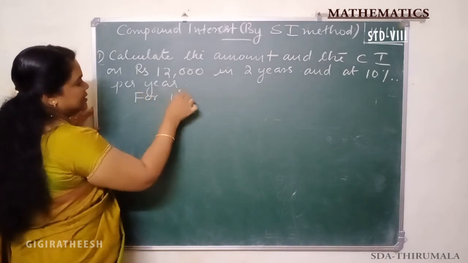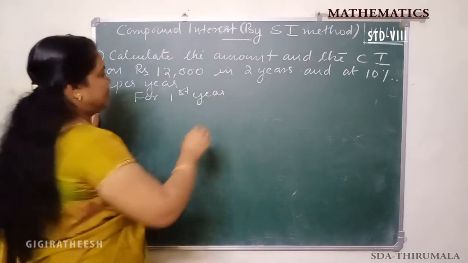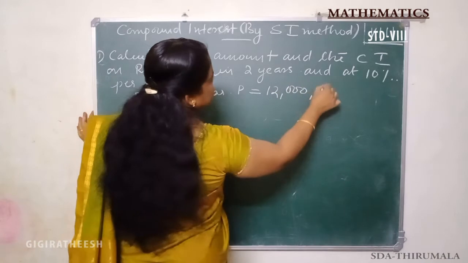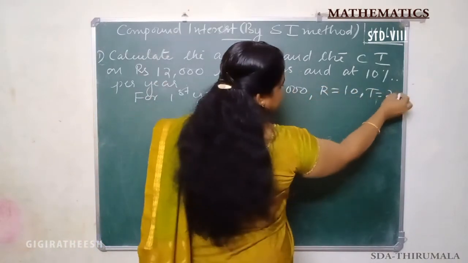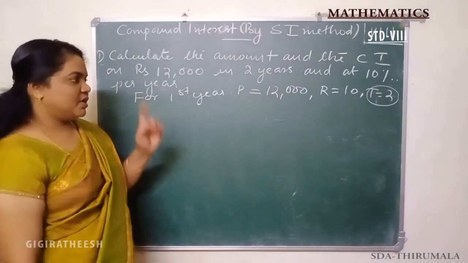For the first year, P is equal to 12,000, R is equal to 10%, and T is equal to 2 years. But we are calculating for 1 year each.